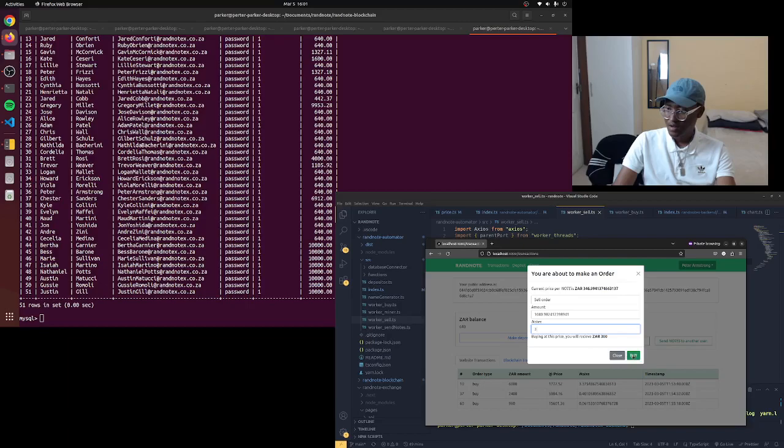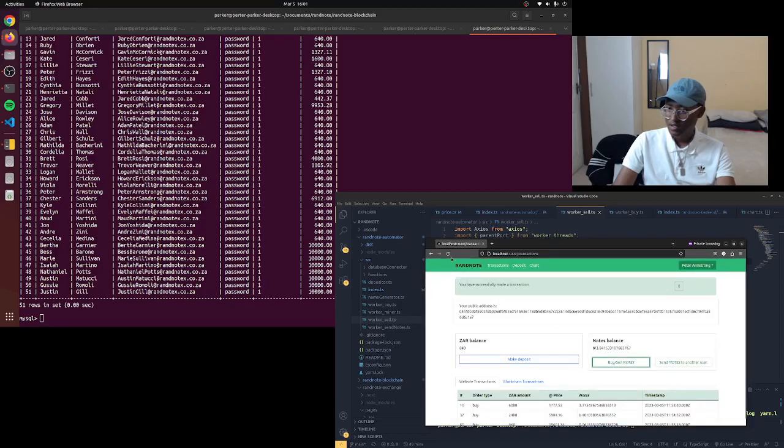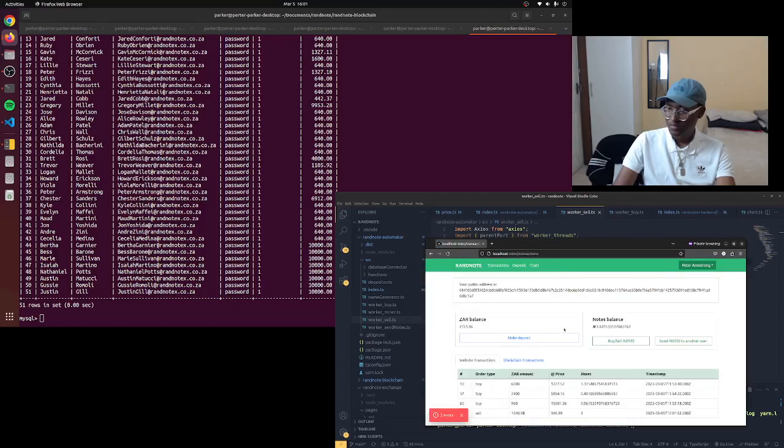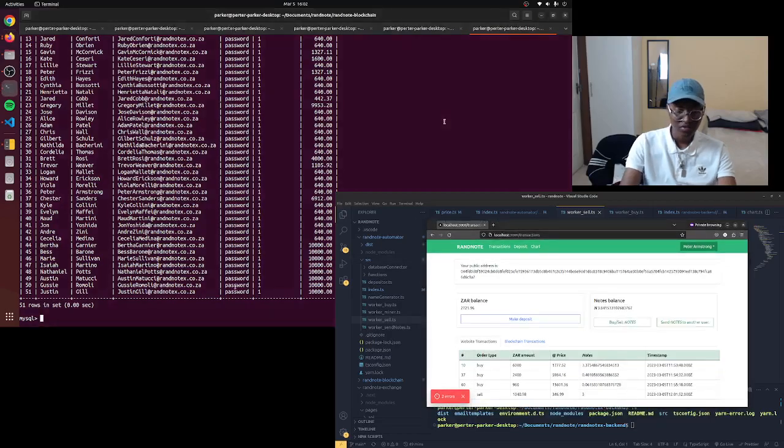Should increase by 1,000, so let's sell that. So it did work. My balance is now 2,000. My nodes balance is now 2,000. Peter Armstrong. So it does work.